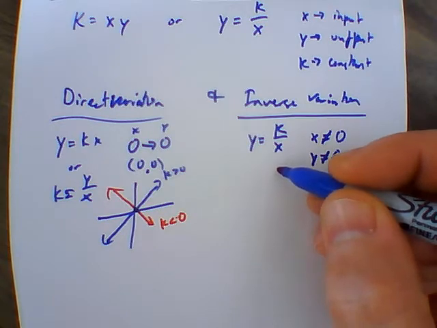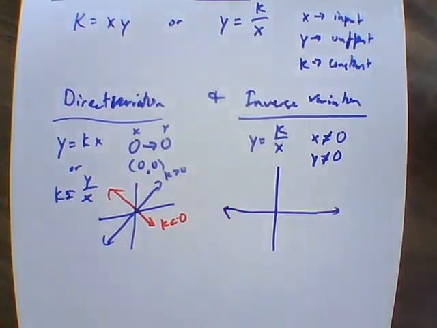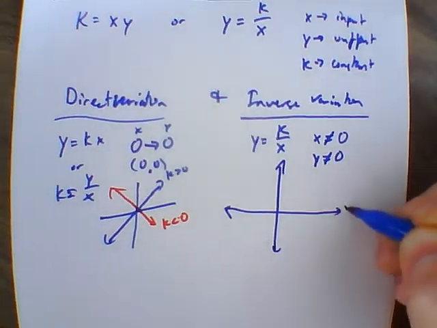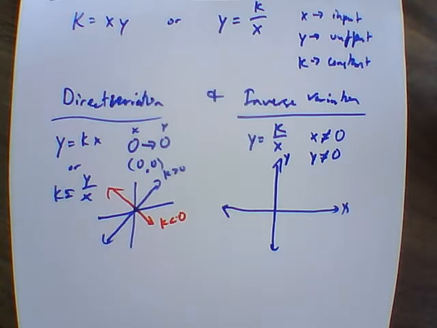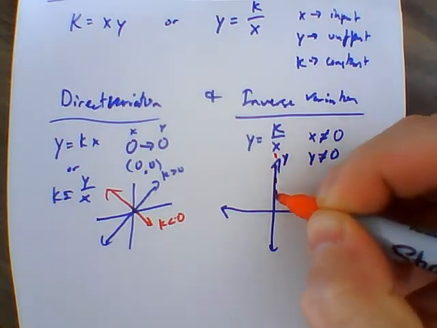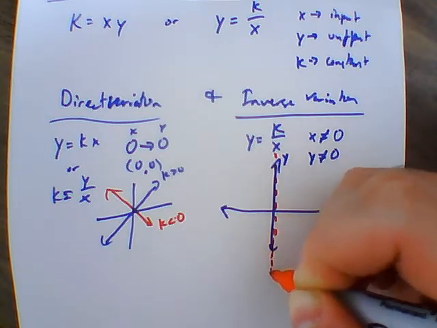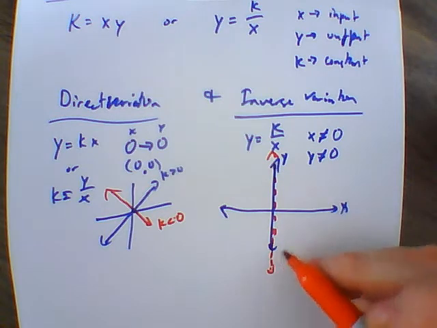So if we start thinking about this overall on our graph, we start recognizing that on our x, y graph, we have some asymptotes, okay? So x cannot be 0. So we have this dotted line where x cannot be.